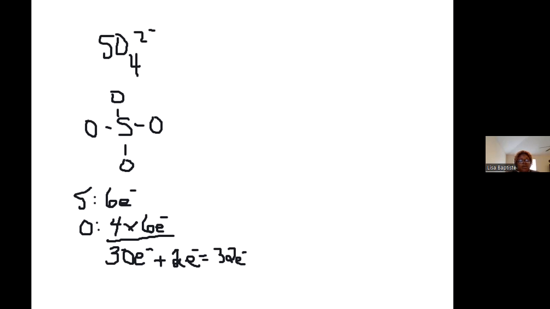Okay. We have 4 bonds here. All right, so we're going to take our 32 electrons and we're going to subtract 4 times 2 electrons, because remember, each bond represents 2 electrons.